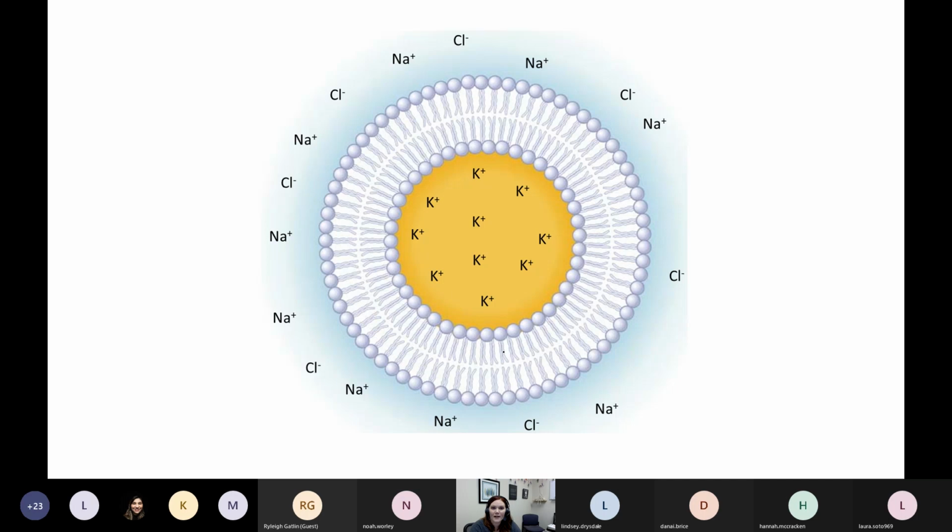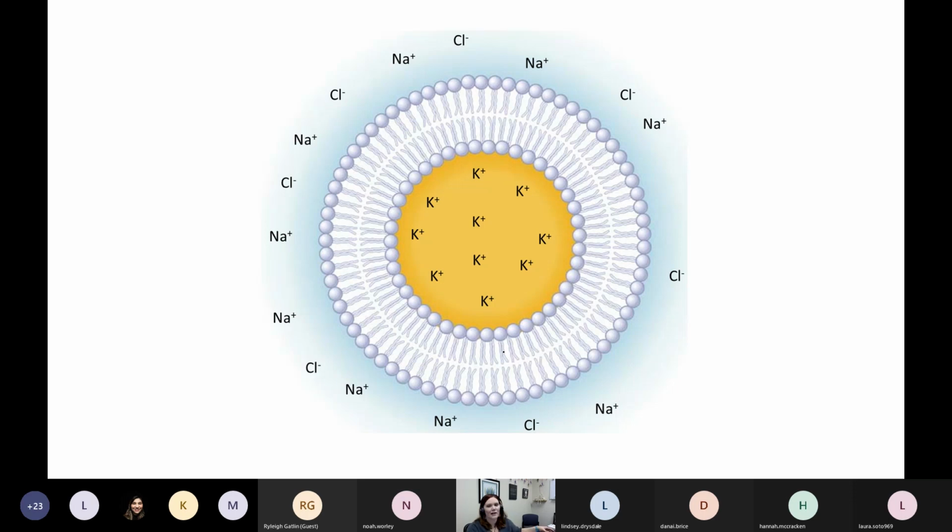Remember from your group work at the end of our class on Monday, I gave you a sentence that was wrong about how a cell has a different charge inside and outside. Do we happen to remember what I call a cell that has a different charge inside versus outside?